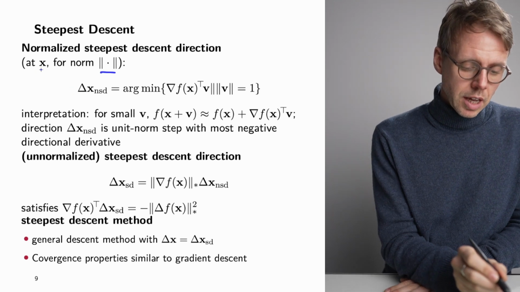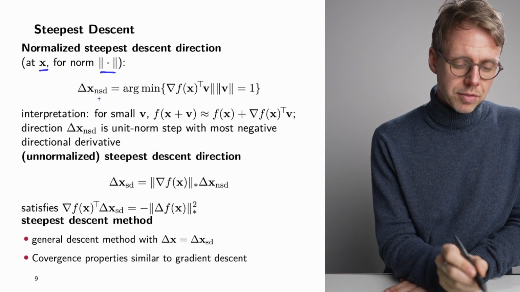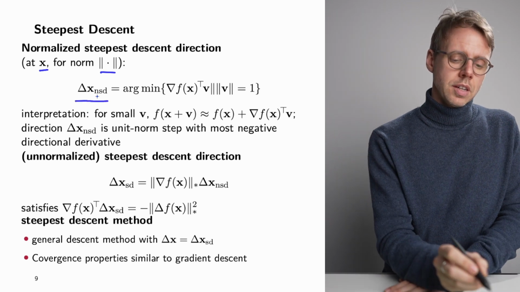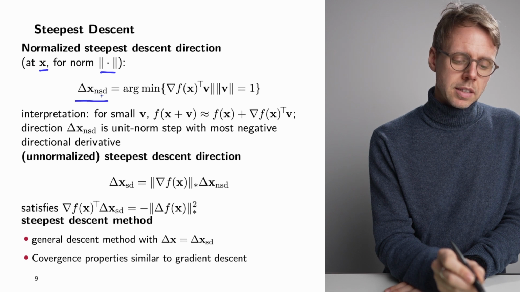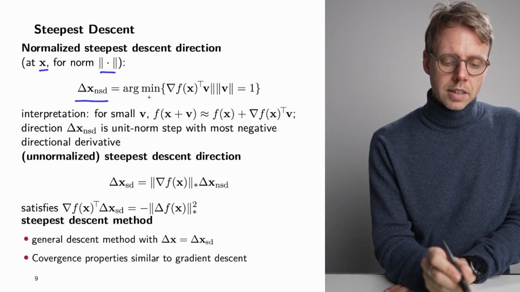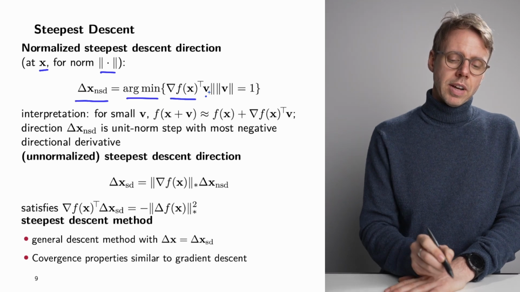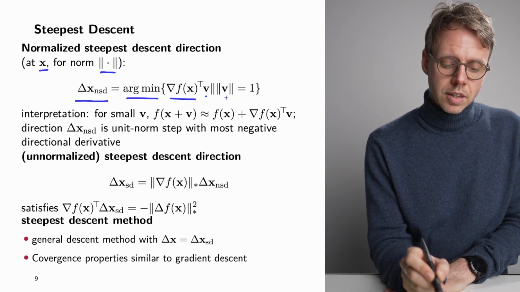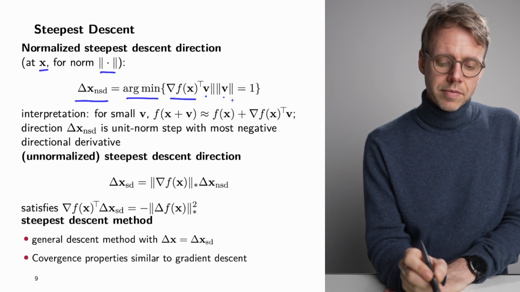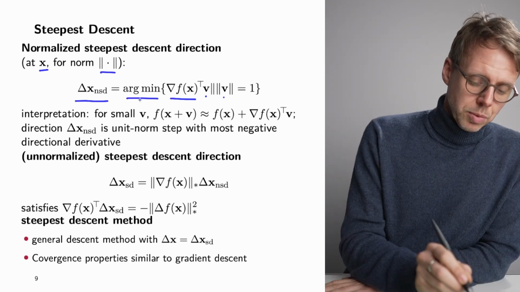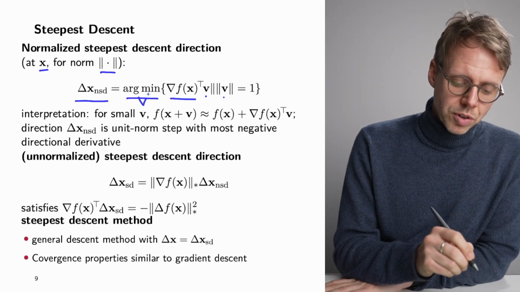We have our current point x and a norm, then the normalized steepest descent direction delta x would be the argmin of the product of the gradient and some vector v, where v has norm equal to 1 in our current norm. So we are minimizing over v.